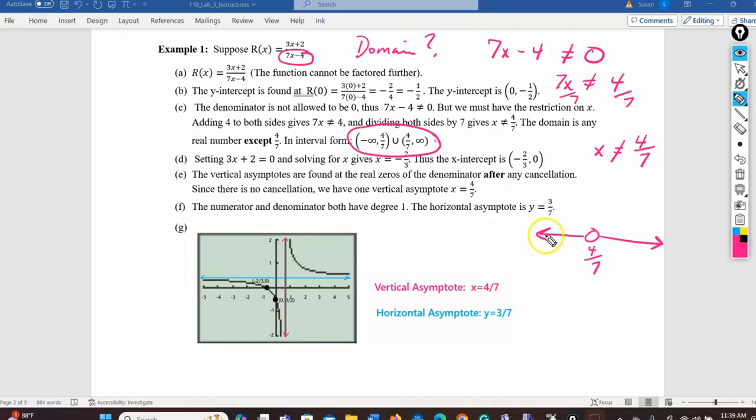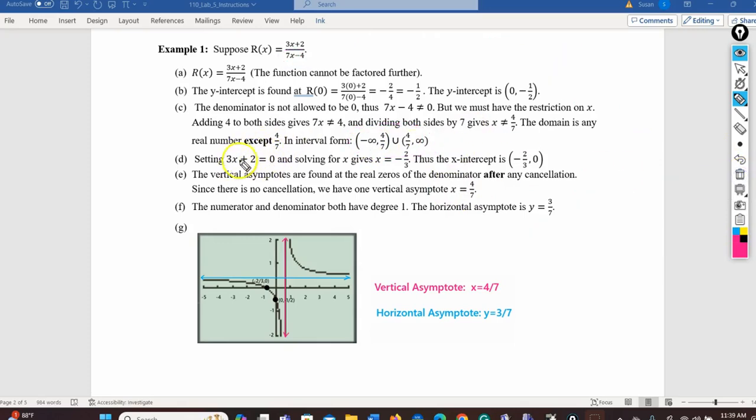And if I write this from left to right, this is how we get our interval form. In set notation, it would be x is any real number as long as x is not equal to 4/7. Most of the time in WebWorks, they'll want you to give your answer in interval form. So again, Math 100, we had lots of interval notation for answers.